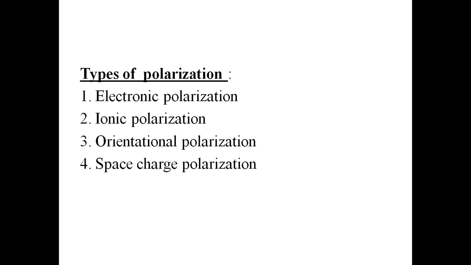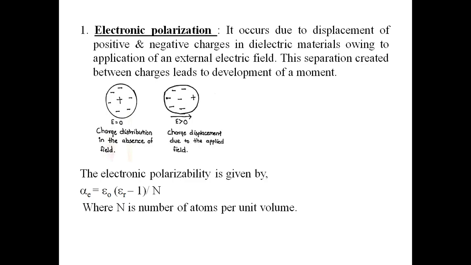The first polarization mechanism is electronic polarization. You can see in this diagram, in the first diagram E equal to 0, and here E is applied. It occurs due to the displacement of positive and negative charge in the dielectric material due to the application of an external electric field, and this separation between the charges leads to the development of a dipole moment.